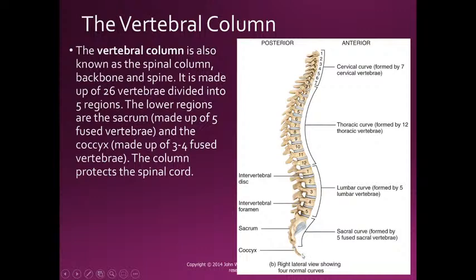Beyond that, we have the coccyx, which is commonly known as the tailbone. The tailbone is composed of 3 to 4 vertebrae. This is variable between individuals. In most people it'll be about 4, but they're fused into one bone, so many textbooks will treat this as if it is also one bone.